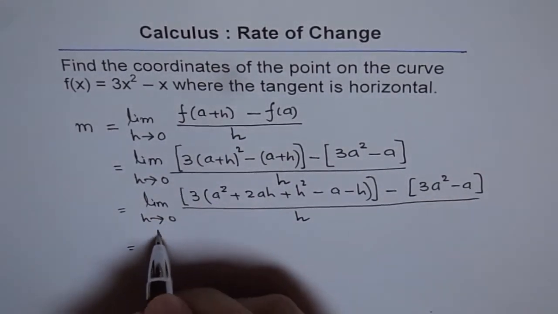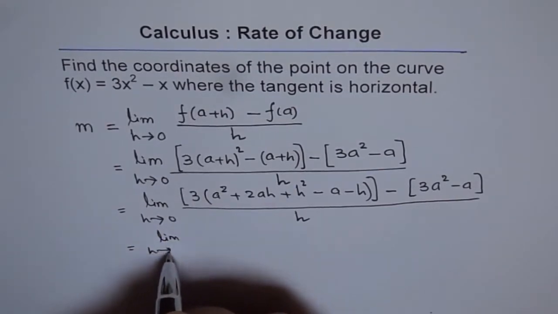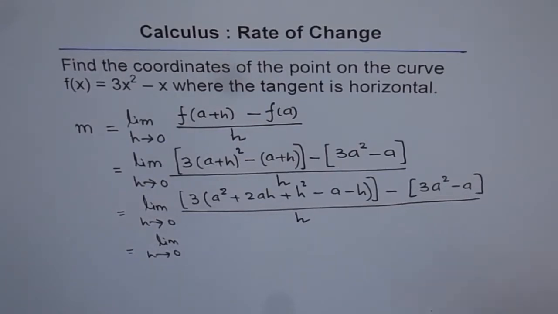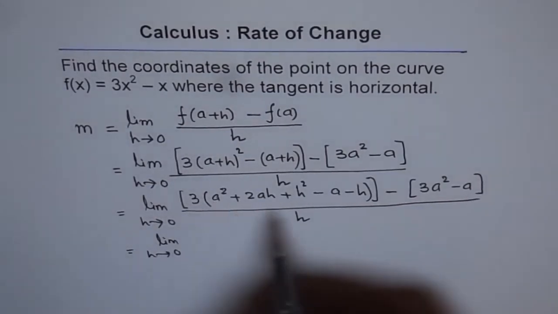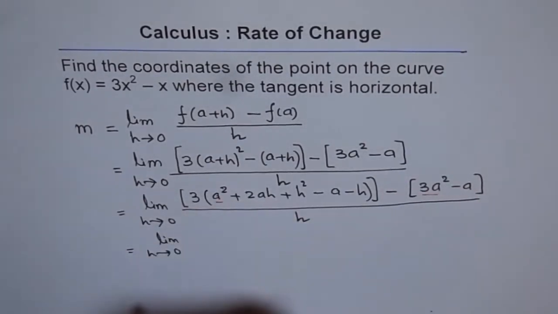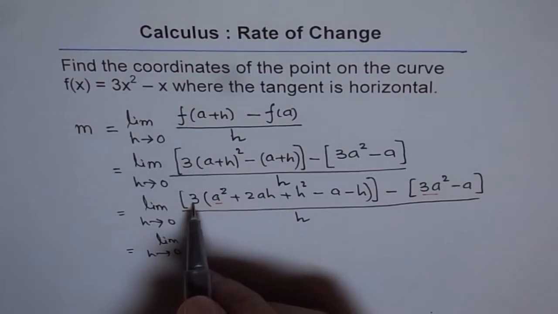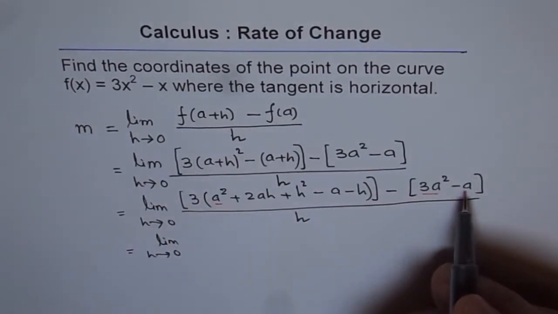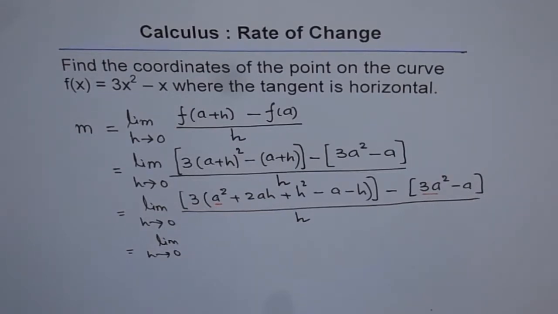So this is equal to limit h approaches 0, and what do we get here? You can see that 3 times a square minus 3 times a square, these two terms will cancel out. Then we have a 3 times minus a, and so I made a mistake here.